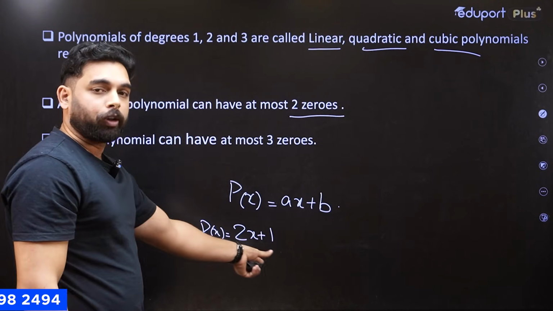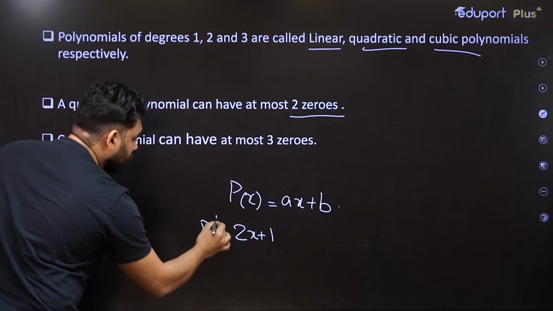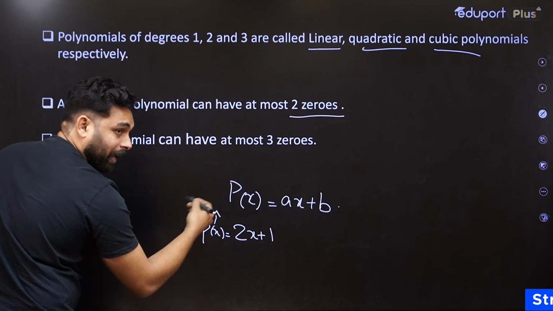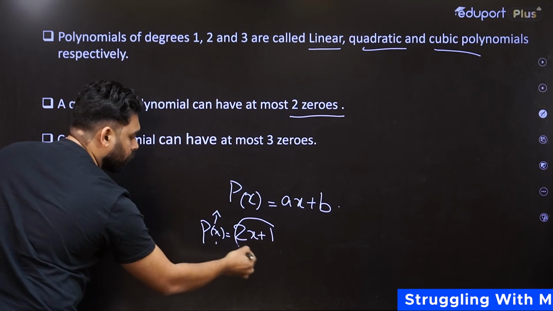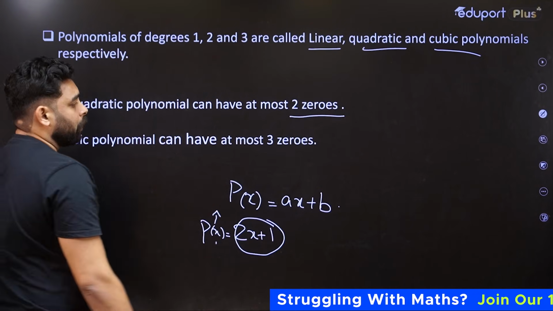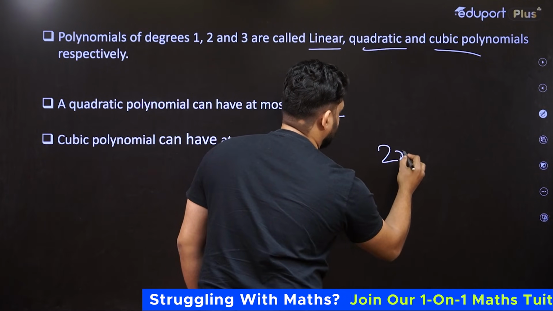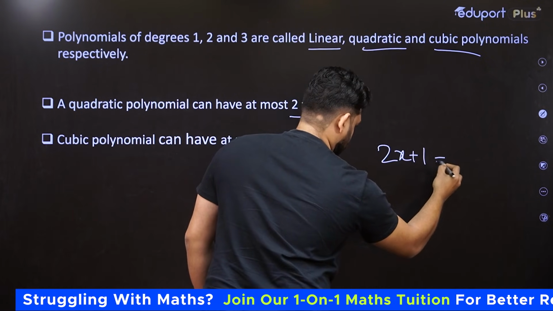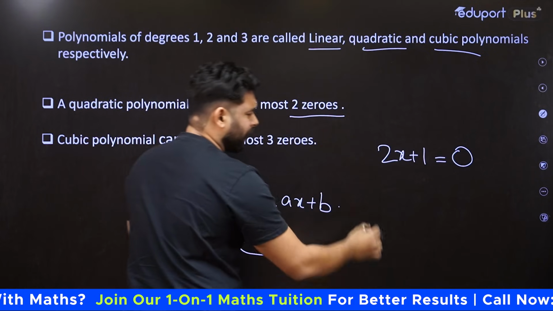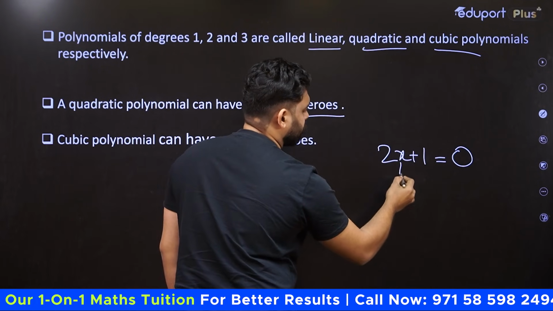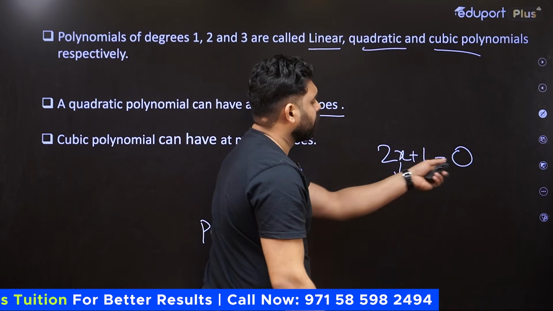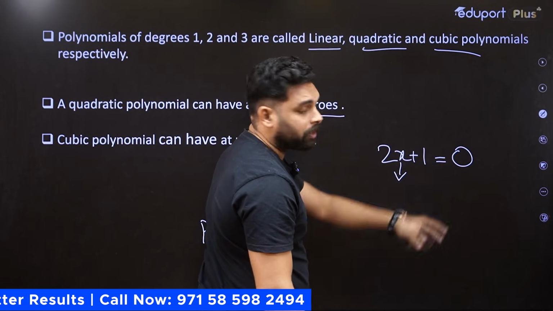So, zero of this polynomial means for what value of x, if you substitute a value for x, this whole expression should become 0.